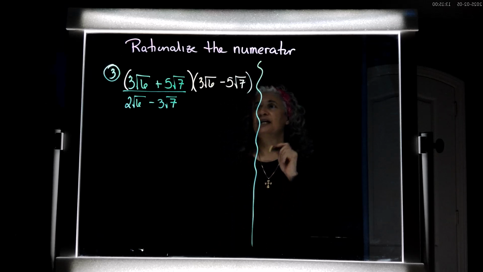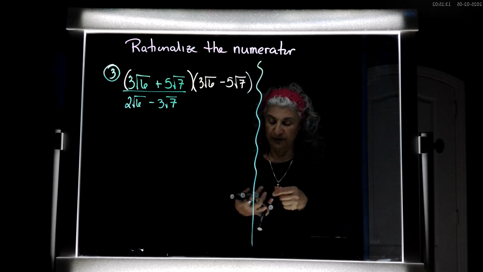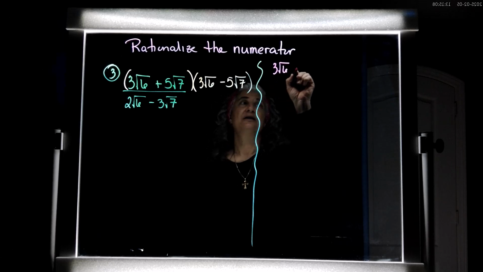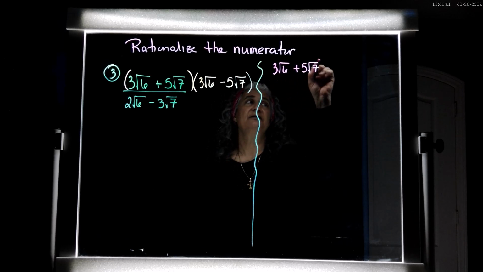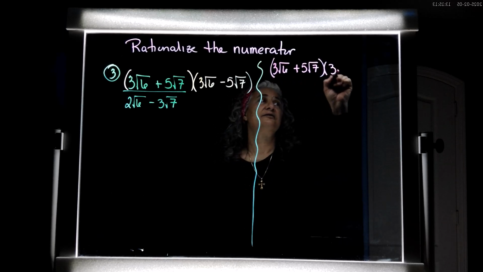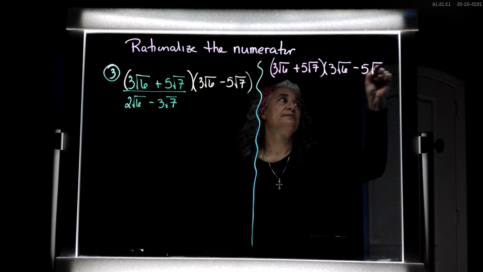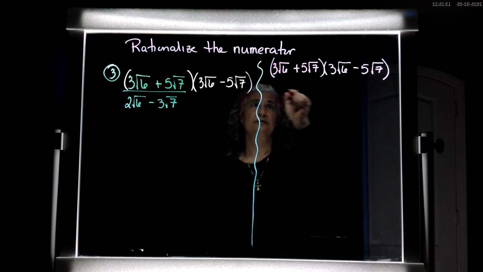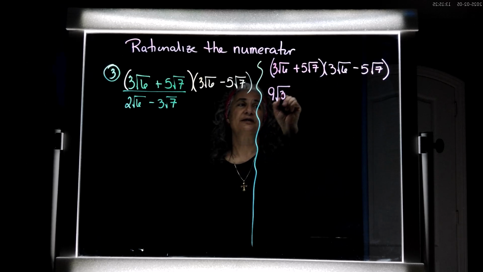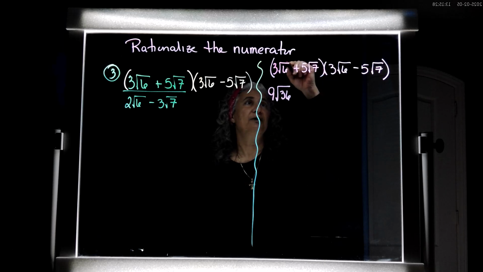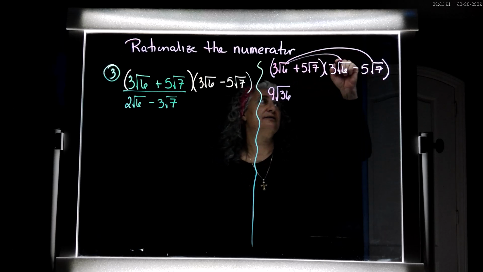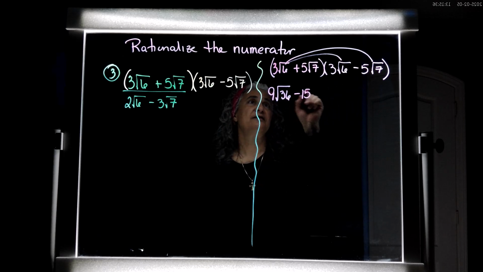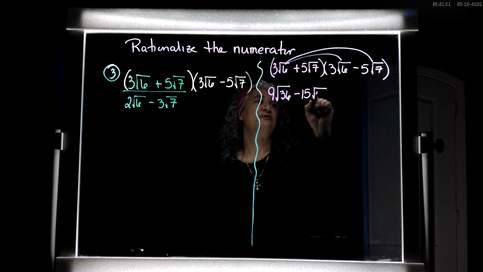Okay, I'm going to come off to the side and do some side work here because I don't want to ever do my work in the problem itself. It gets really messy. Okay, so 3 square root of 6 plus 5 square root of 7 times its conjugate. Okay, so 3 square root of 6 times itself, 9 square root of 36. 3 square root of 6 times the negative 5 root 7, negative 15 square root of 42.